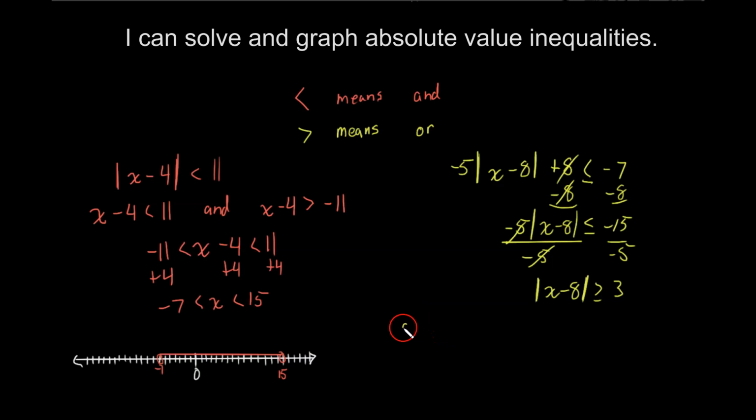That gives me x − 8 ≥ 3, or x − 8 and now this is going to be negative 3. Whenever I have my negative value, I need to flip this inequality. So x − 8 ≤ −3.